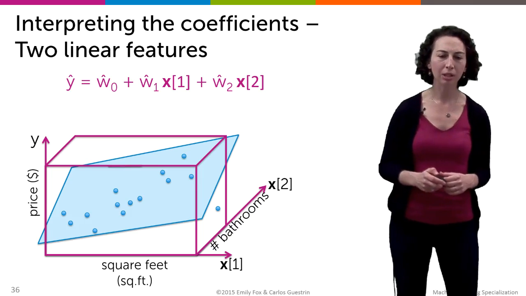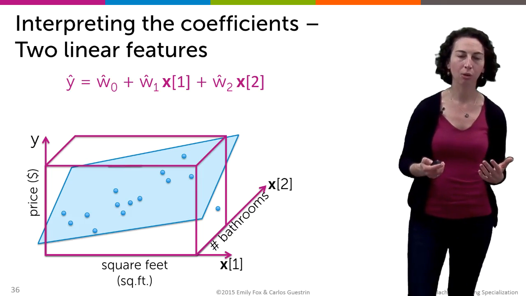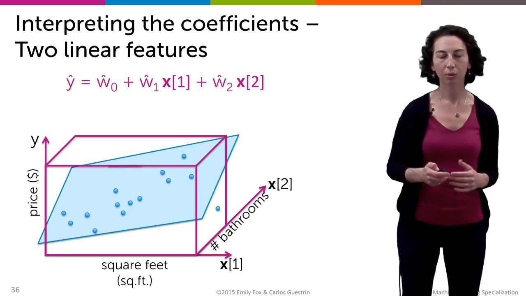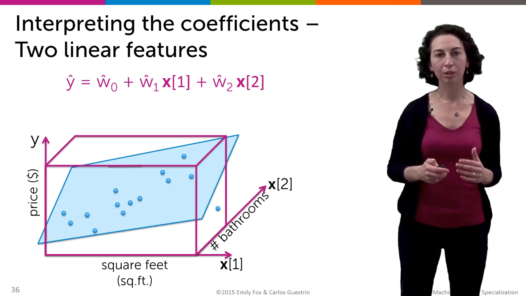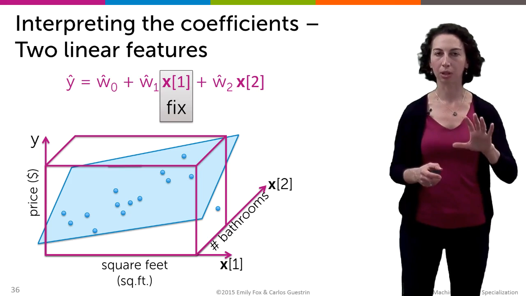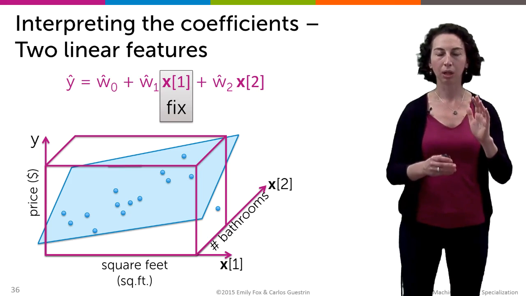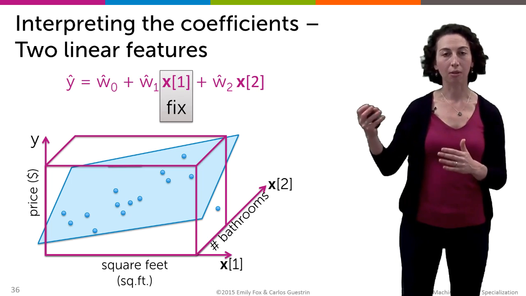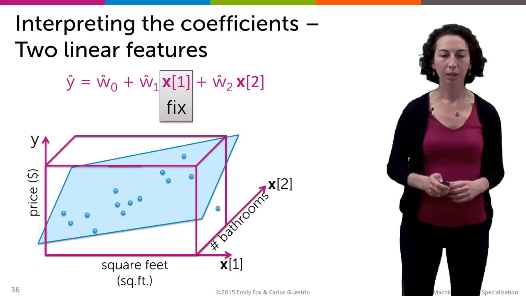Okay, so now let's think about how we interpret the coefficients if we have 2 inputs instead of just 1. Well, in this case, we can think about just fixing the other input. So let's fix our first input, the number of square feet of the house, and then think about the effect of the number of bathrooms.